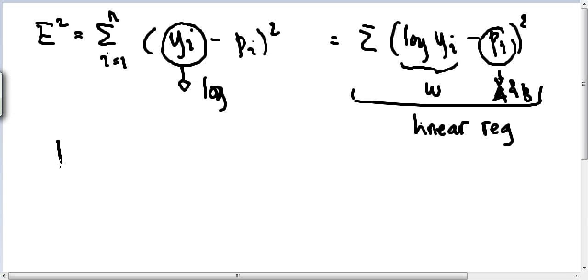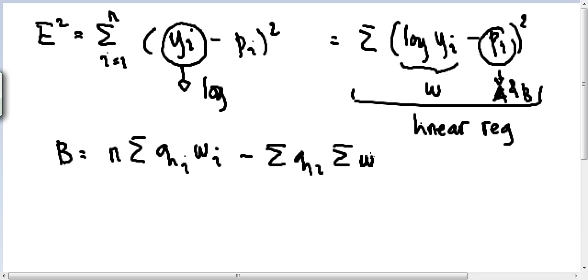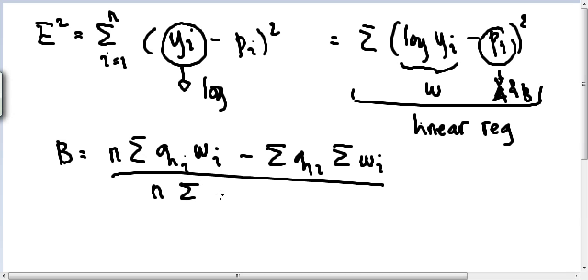Then I will have capital B, the gradient of P, equal to n sigma i=1 until n of qi and wi, minus sigma qi and sigma wi, divided by n sigma qi square minus sigma qi, squared, like this.